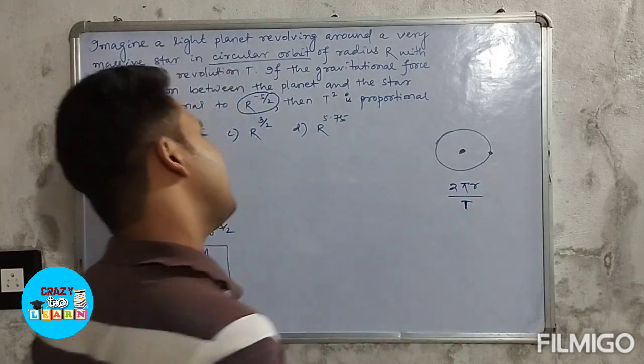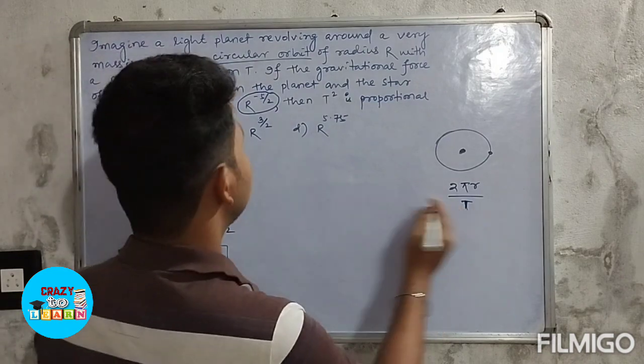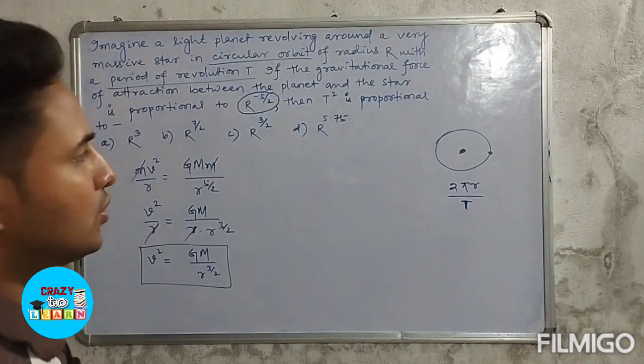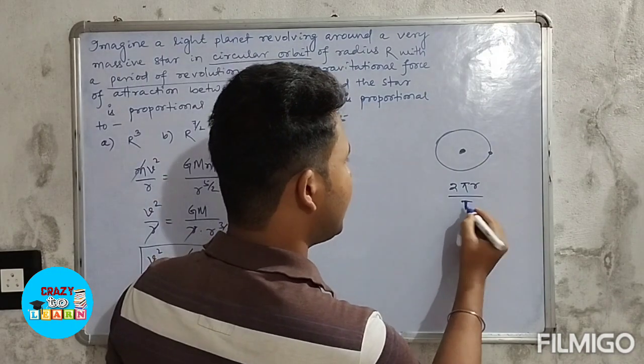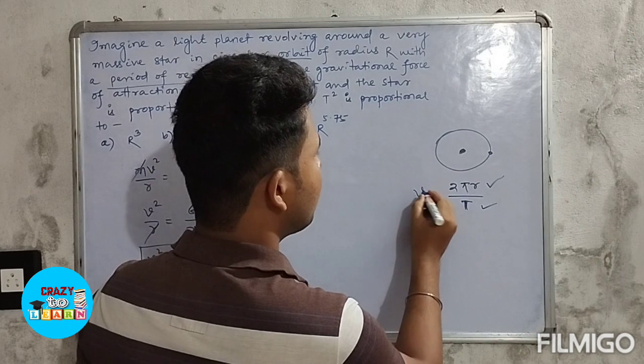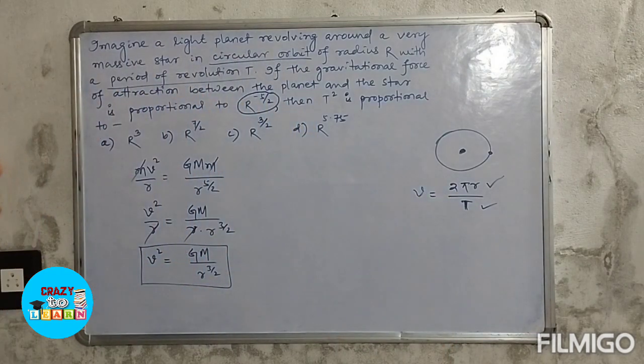The period of revolution is capital T. So total distance covered divided by total time is your velocity v. Yes or no?